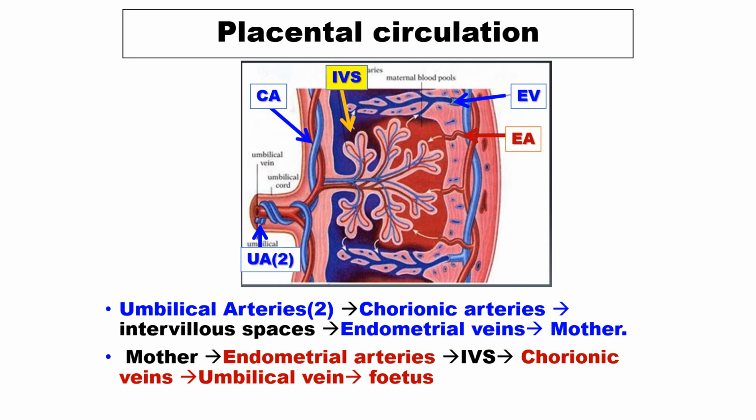Endometrial arteries from the maternal side now bathe the intervillous spaces, and this oxygenated blood is finally carried by chorionic veins and finally by the umbilical vein, which is a single vein that enters the fetus. It carries the oxygenated blood to the fetus. This constitutes the placental circulation, which includes fetal circulation and maternal circulation.